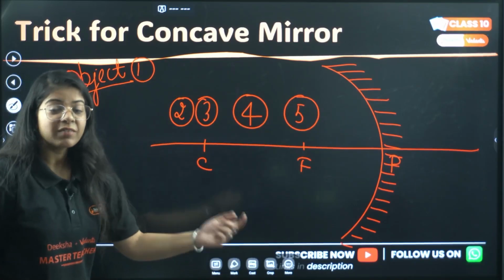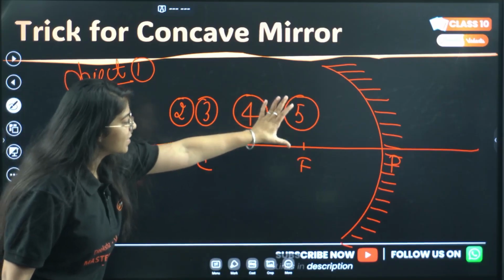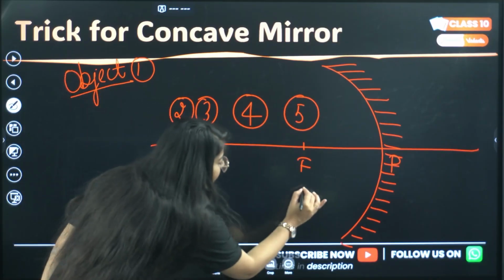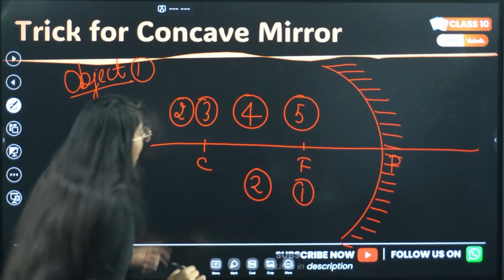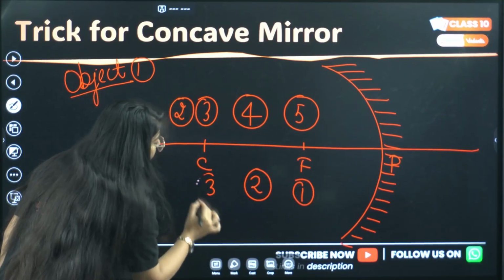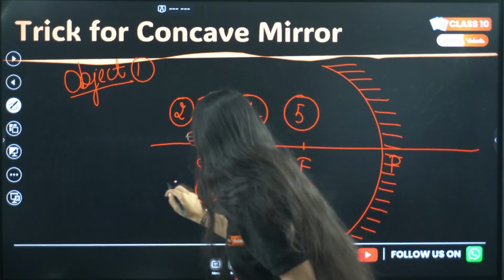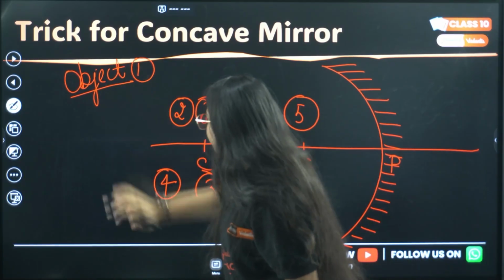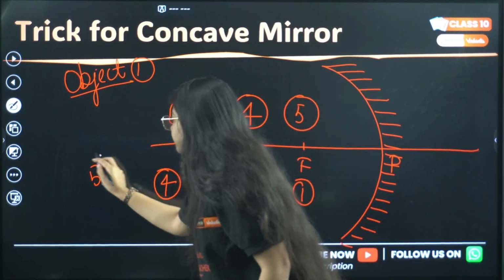Write 1, 2, 3, 4, 5 in the reverse direction below the principal axis. So under 5, I'll write 1. Under 4, I write 2. Under 3, I'll write 3 again. Under 2, I'll write 4. And at infinity, where my object was 1, I'll write 5.